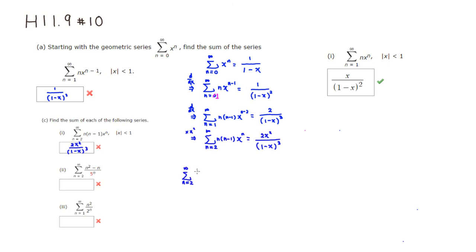All right, then you have n squared minus n, and put 1/2, so 2 to the n. All right, so we can get that.